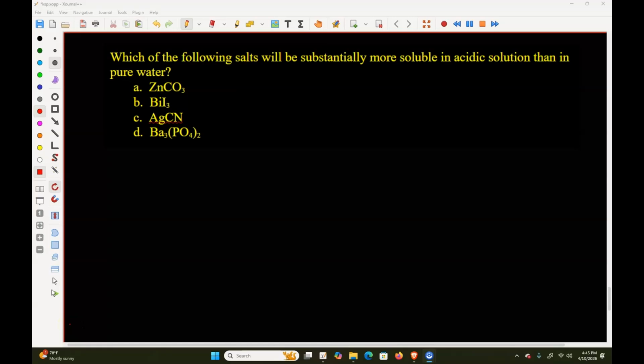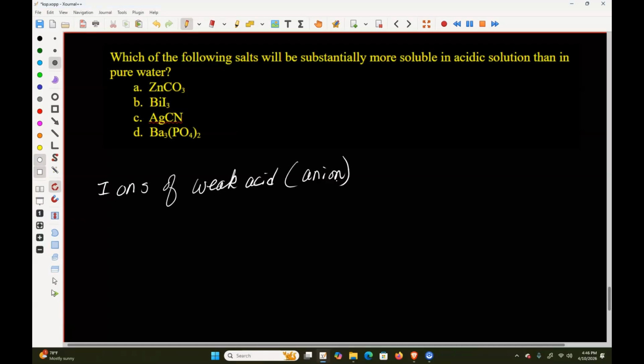Okay, so which of the following salts will be substantially more soluble in an acidic solution than in pure water? All right, so in general, if a compound contains basic ions, the anion of a weak acid, then its solubility will increase as the solution becomes more acidic.